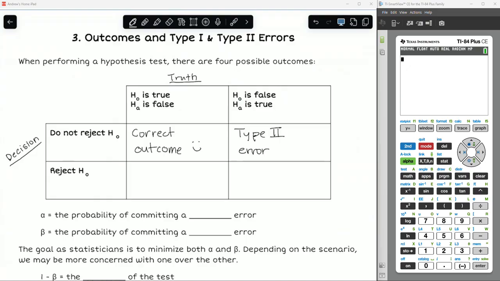In the next row, this is when we reject the null. So our sample is extreme compared to the claim that we made about the population, and it's statistically unlikely we would get a sample from that claimed population. If we reject the null when the null is true, that's another error, and we call that type of error a type 1 error.